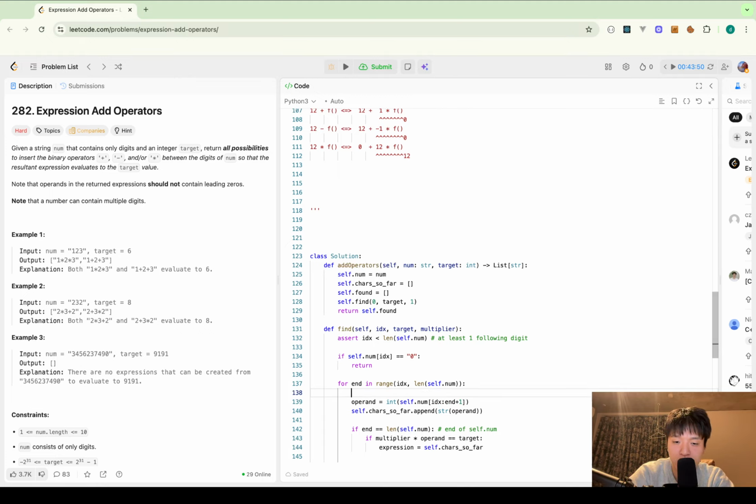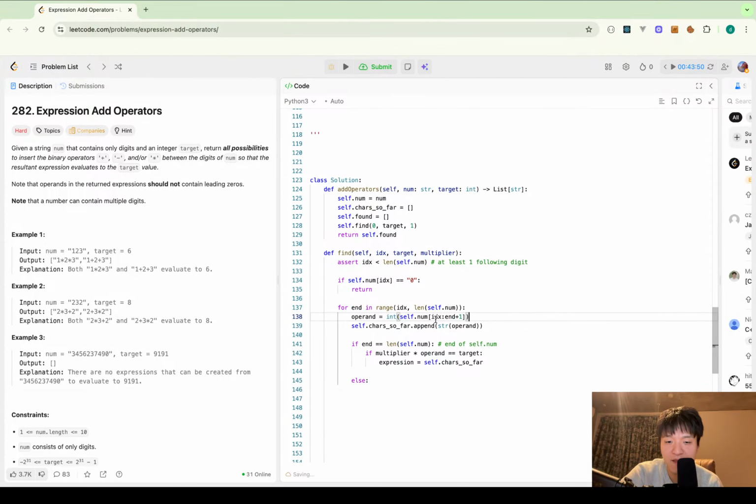It doesn't matter how many times I convert, actually. So I append this, an expression is created. Then I append this to the found list. And that's it.